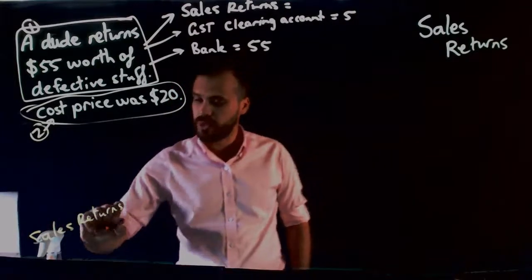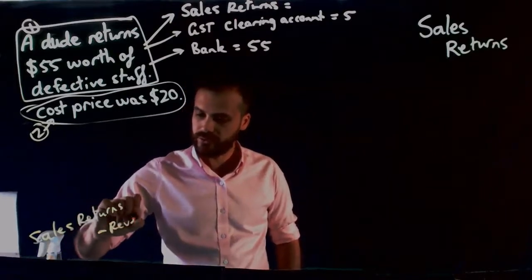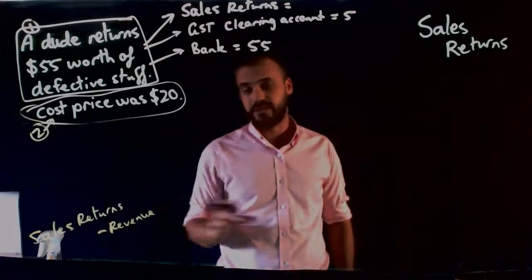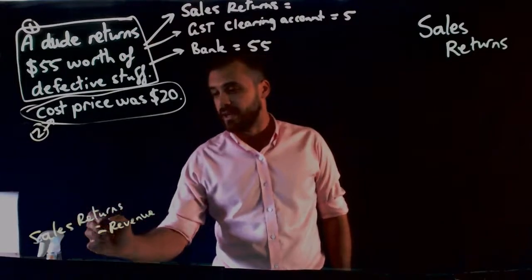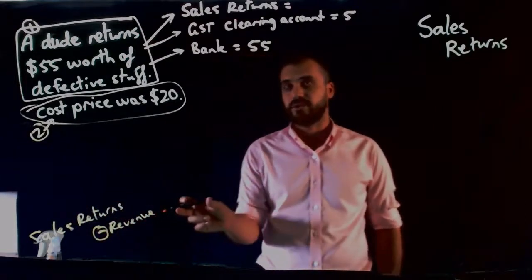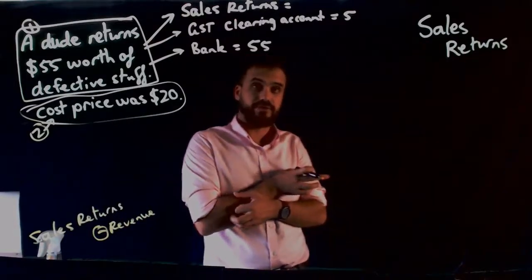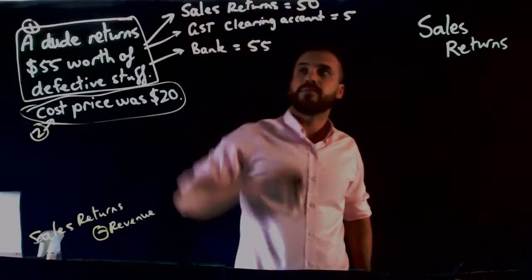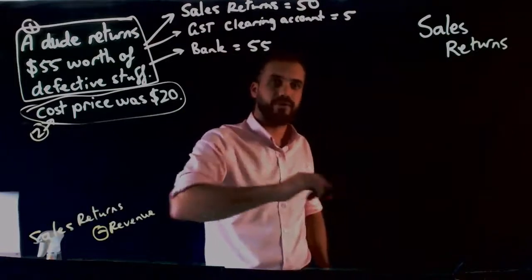Sales returns is what we call a negative revenue. Okay, it's a negative revenue. So sales revenue is a revenue, sales returns is a negative revenue. Okay, so it's opposite debit and credit for the sales returns. You guys figure it out. Okay, sales returns of $50, GST clearing account of $5, bank account of $55.